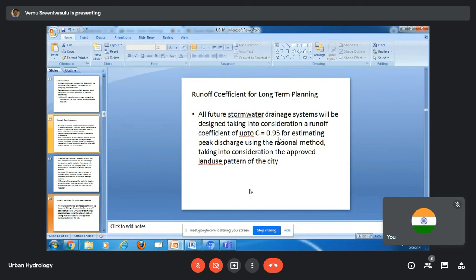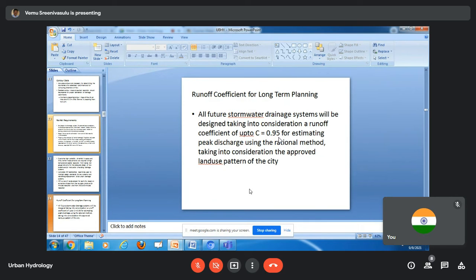So, runoff coefficient for long-term planning. All future stormwater drainage systems will be designed taking into consideration a runoff coefficient of C equal to 0.95 for estimating peak discharge using a rational method, taking into consideration the approved land use pattern of the city, right? As I said, runoff from the design storm can be calculated using different methods.